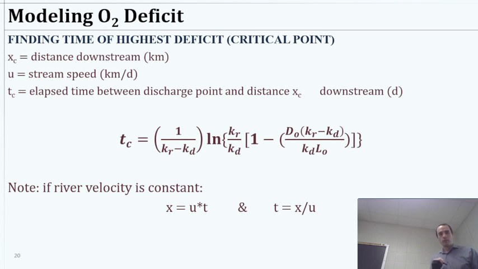Okay, so tc then is that critical point, or the time elapsed between discharge and xc, if xc is our critical distance there. So tc then is equal to, and this is coming from some derivation from the previous equation we looked at.